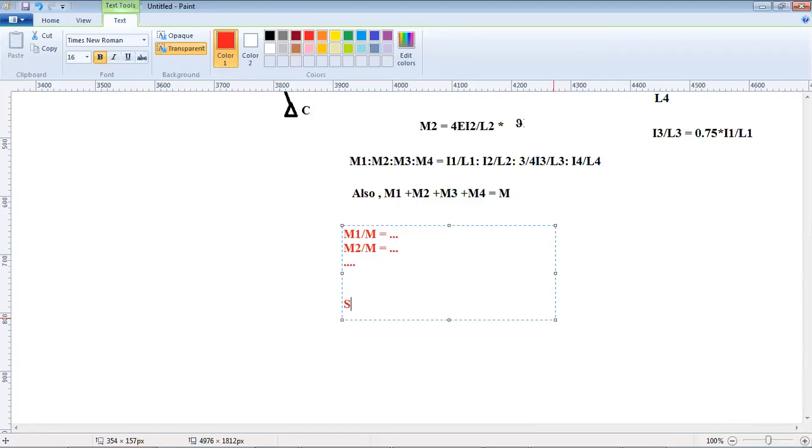This is all getting distributed in terms of stiffness factors.